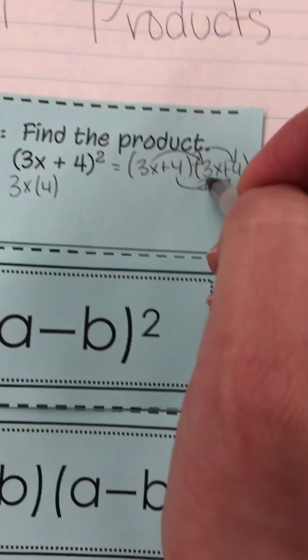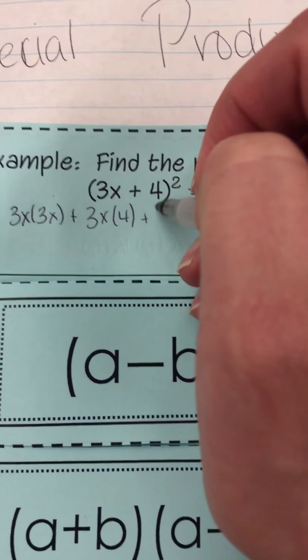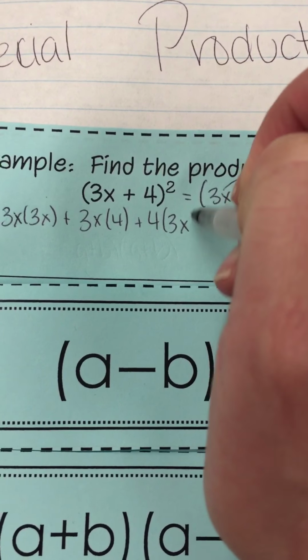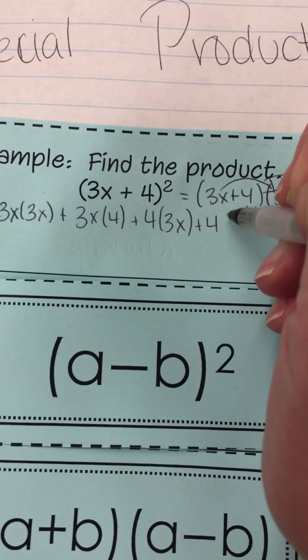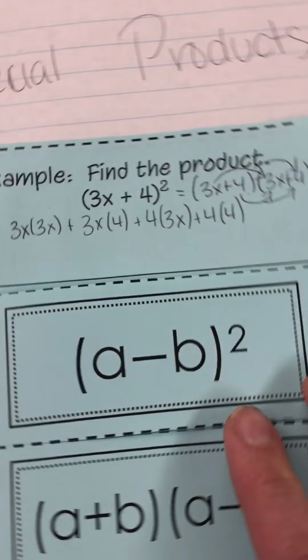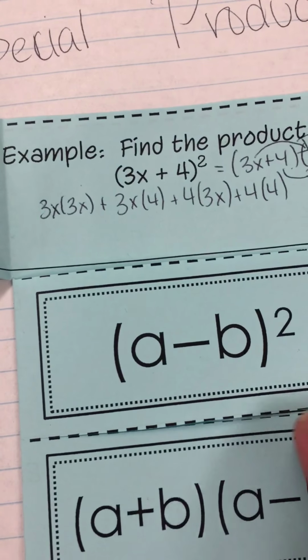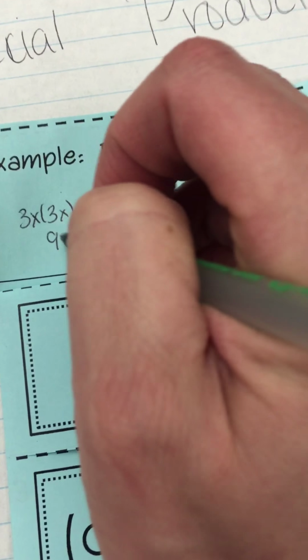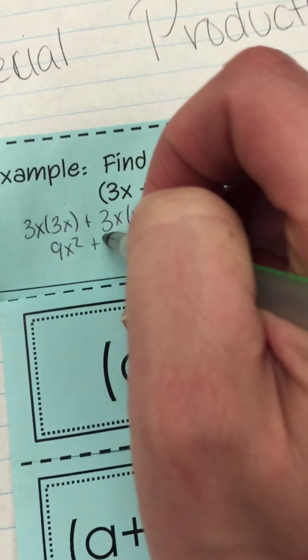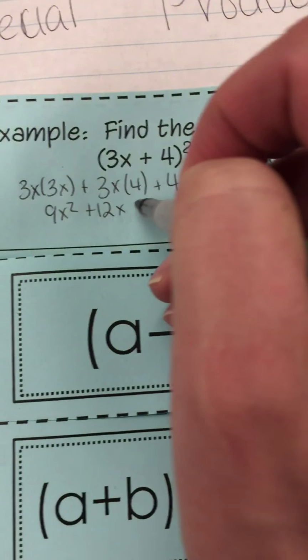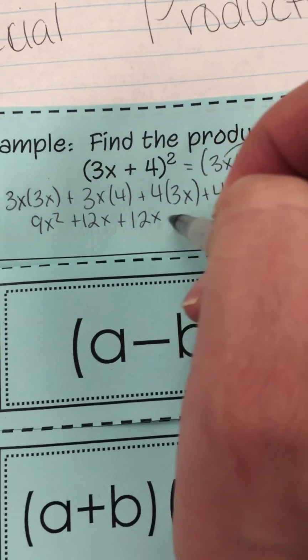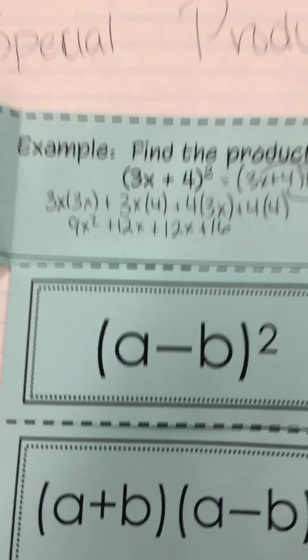Now I've got to multiply the 4 to both terms. Positive 4 times 3x and positive 4 times 4. So when I do this multiplication, I get 9x squared plus 12x plus 12x plus 16.